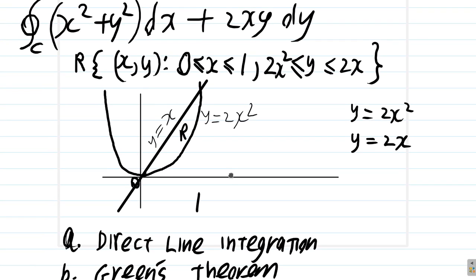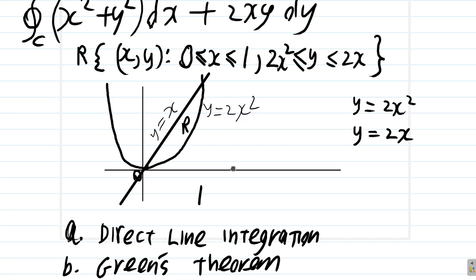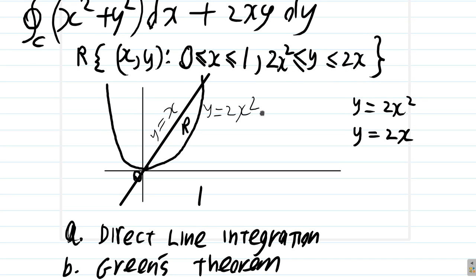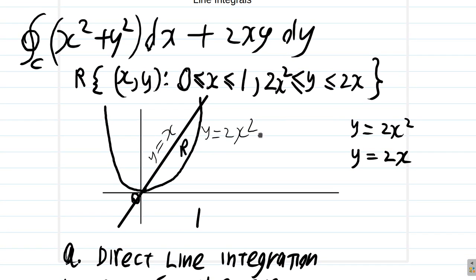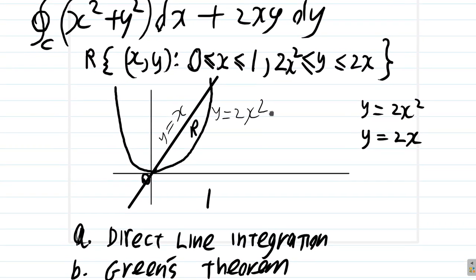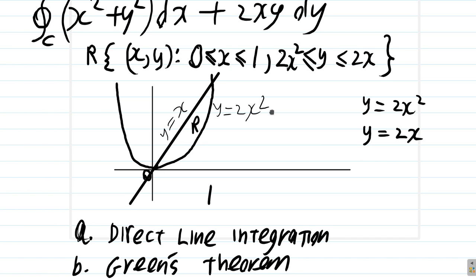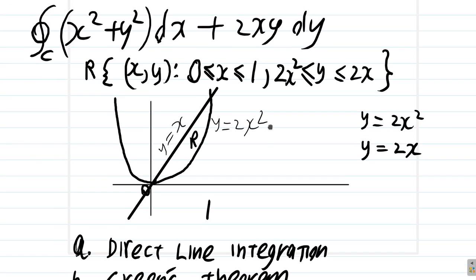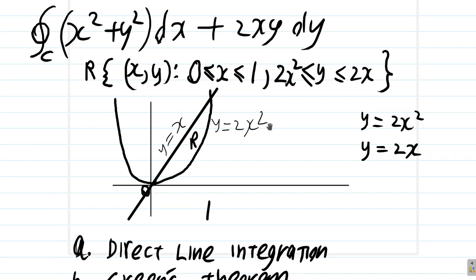Alright? And then I want you to use both methods to do the calculation and ensure that both answers are the same. If the answers are different, then you made a mistake somewhere. Now, we'll look at this quiz, at the solution in the next video.